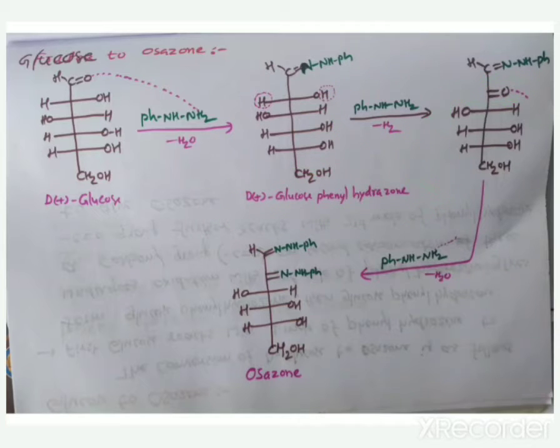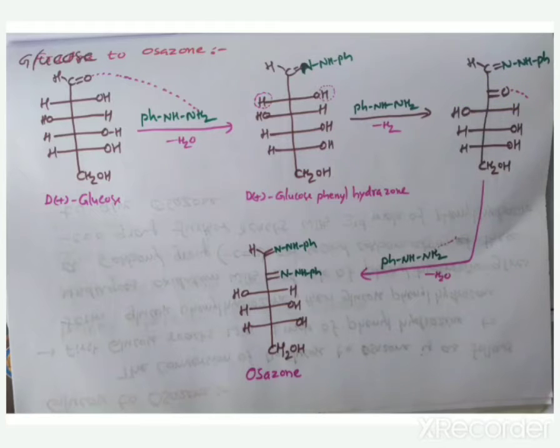The main role of phenylhydrazine is to remove two hydrogens from here, to form a C double bond O group on the second carbon.